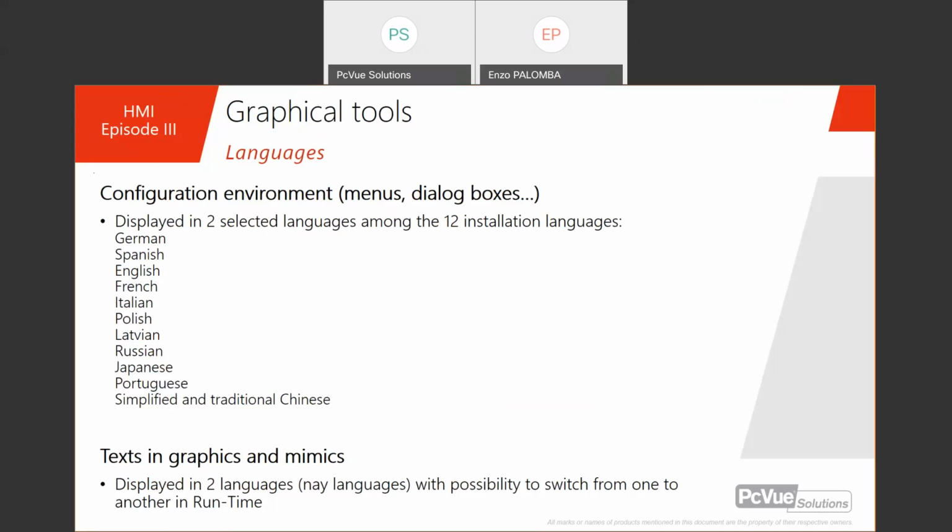Basically, the language you display will only depend on what you write in the text of your animation or in your graphics. So, two languages among the 12 installation languages for the configuration environment, and you can switch from one to another for the menus, for example, and also two possible languages for text in graphics and mimics among any languages you may need.